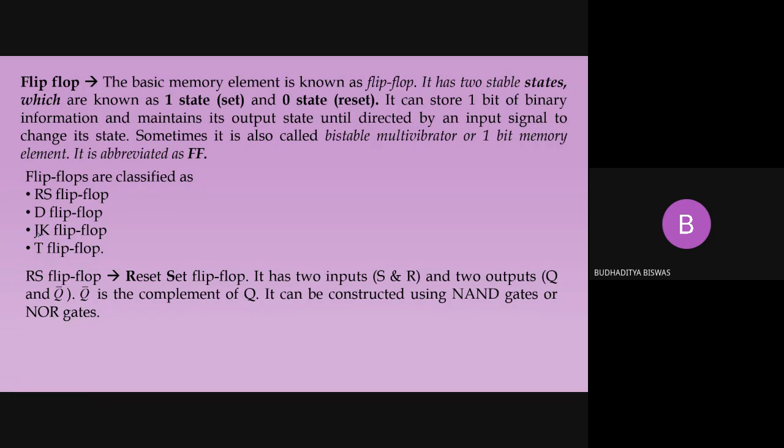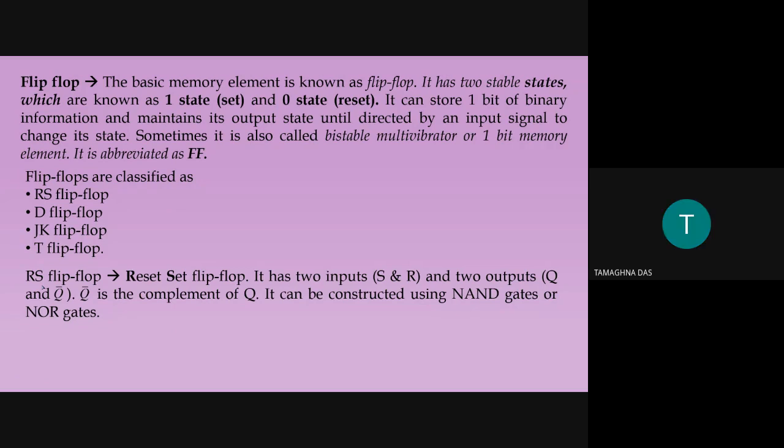Okay. So first we come to the RS flip-flop, the reset set flip-flop. It has 2 inputs, S and R, and 2 outputs, Q and Q bar. Remember one thing very carefully: every flip-flop has 2 outputs.